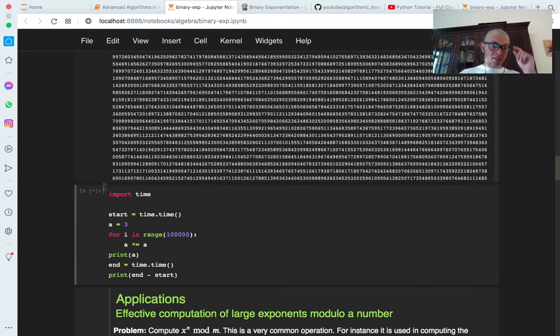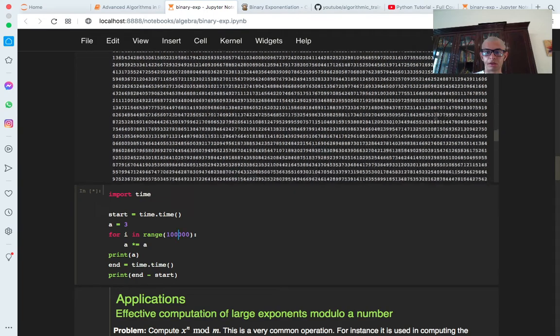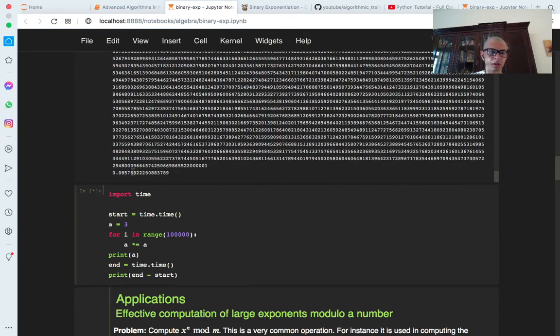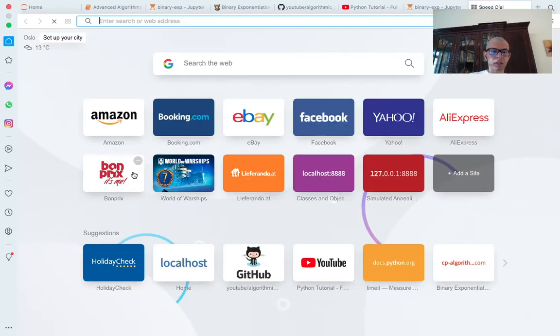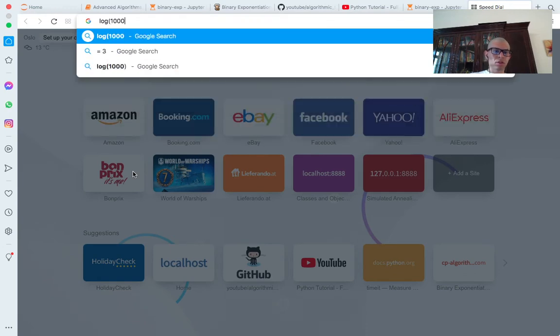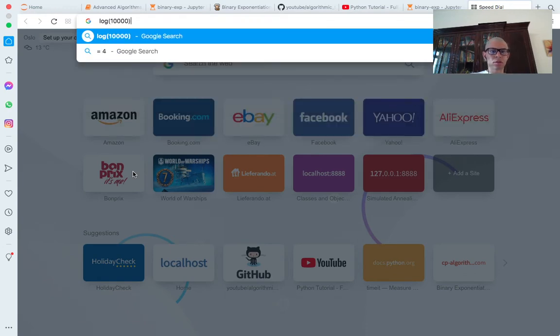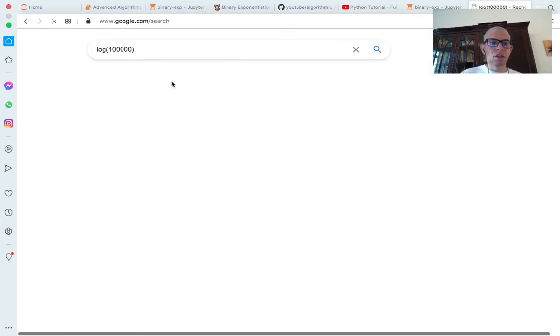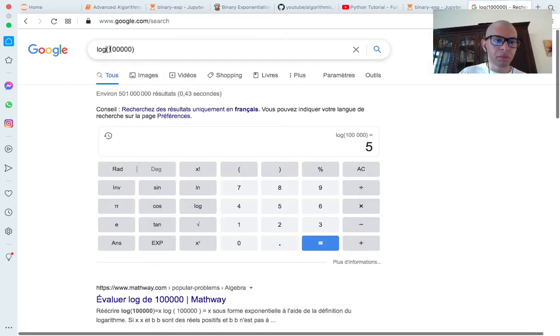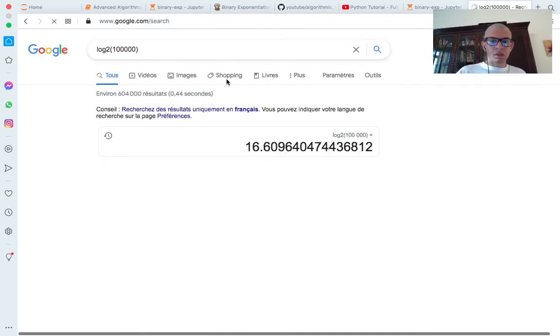Here it will take some really good time. So this is the normal approach, and it will take 100,000 times. Here it took just log of 100,000, which is not something amazing. We need the binary log, this is the log by 10.